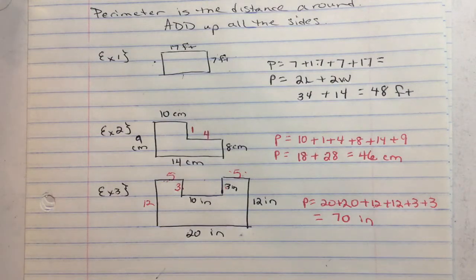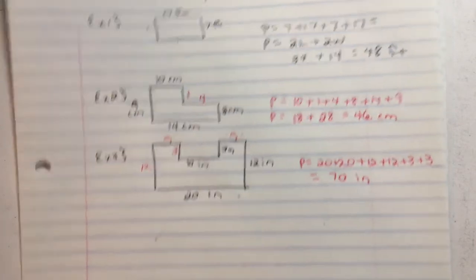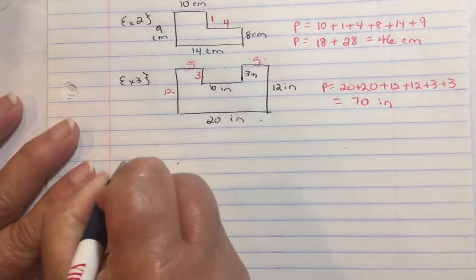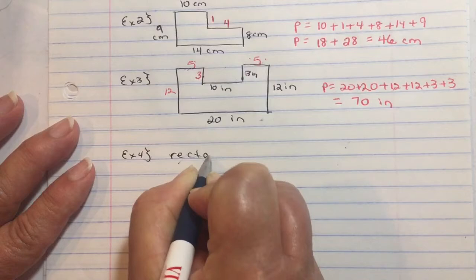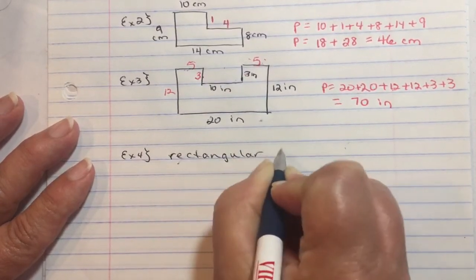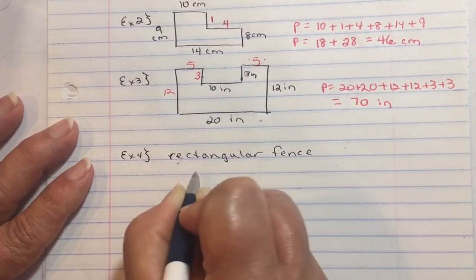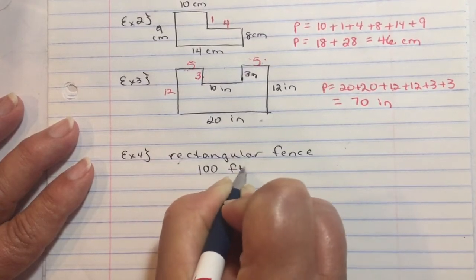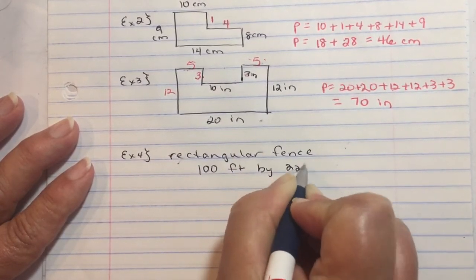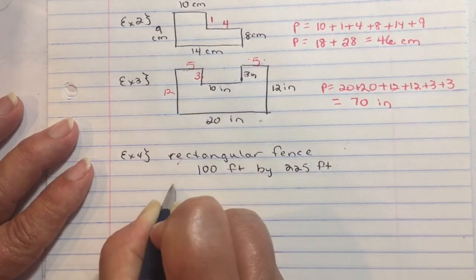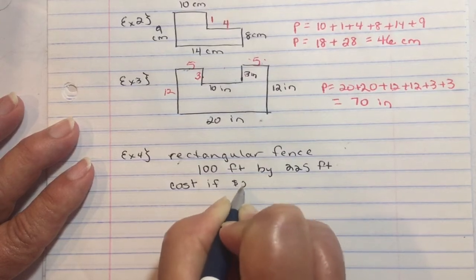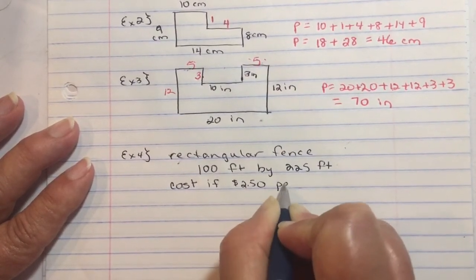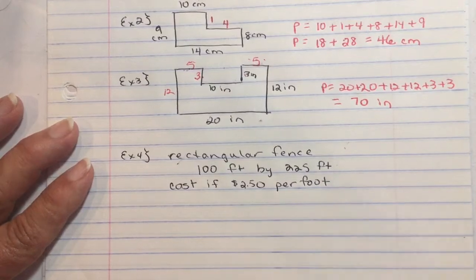All right, I think we're ready to bring this up more to a 7th grade level, just a little bit more challenging. In this case, someone is going to build a fence, and they want to build a rectangular fence. And they want their fence to have dimensions of 100 feet by 225 feet. And they want to figure out the cost of buying that fence if it is $2.50 per foot.